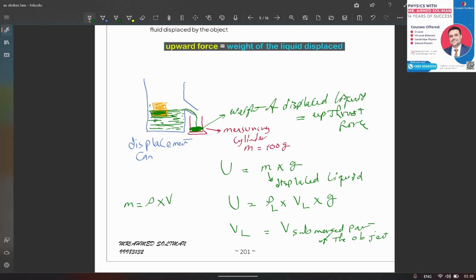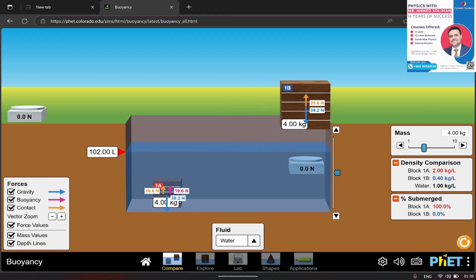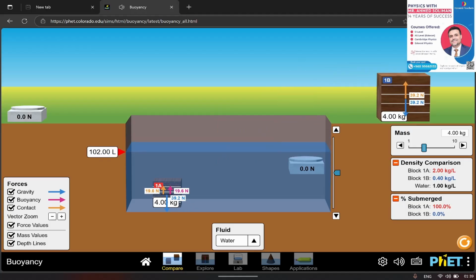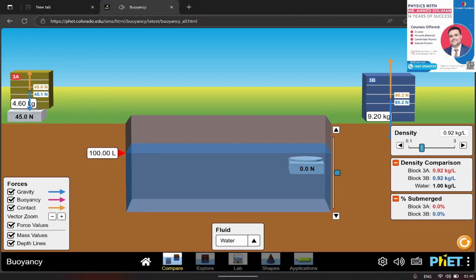Okay, I can show you an example now. We have two objects, for example, this object, and we want to know the weight of the object. This is 45.1.